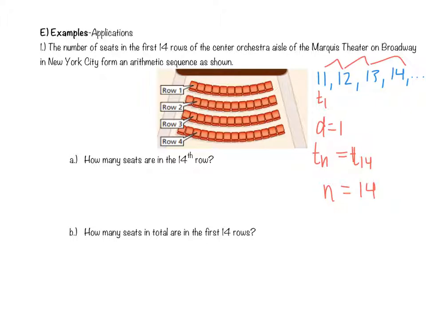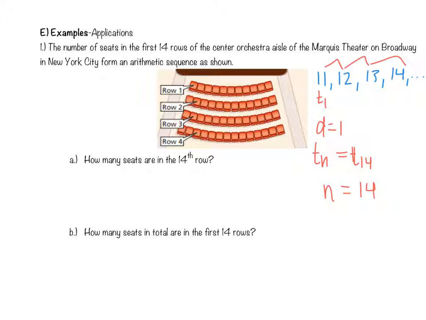We have the first number, t sub 1 is 11. We have the common difference is 1. We have the last term will be t of 14. We don't know how many seats will be in that row, but that's what we're looking for. And because there are 14 rows, or 14 numbers in the sequence, n is also 14.